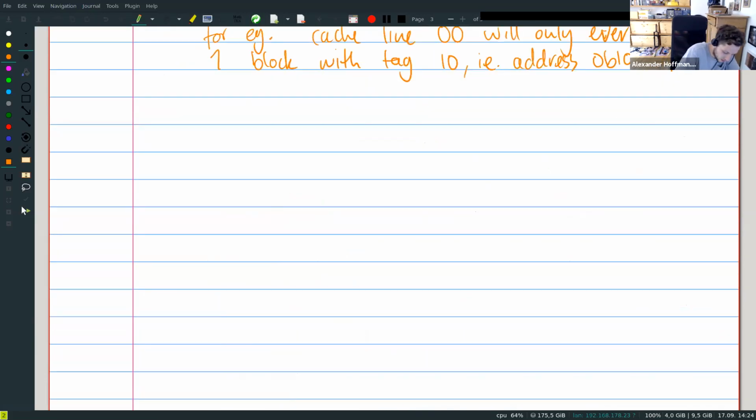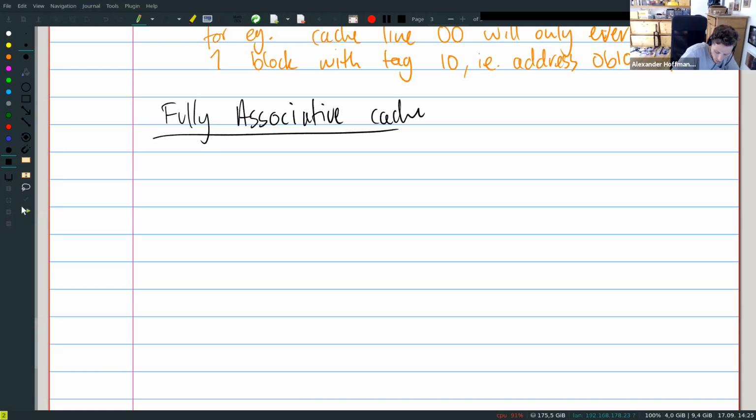The only difference then, if we look quickly at fully associative cache, the thing is we don't have an index. So you can imagine the same thing.